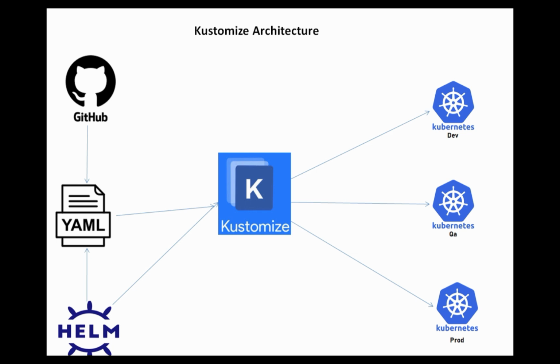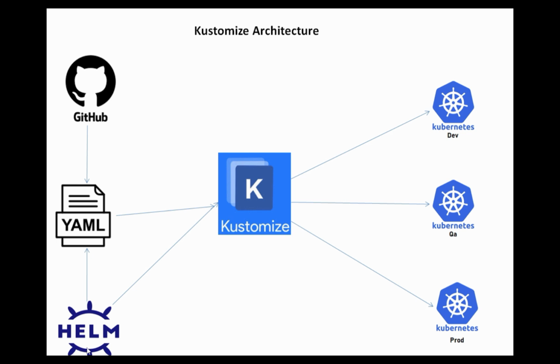These deployment definitions are in the form of YAML, and your source of truth is not just GitHub. You can even reference the Helm charts, the remote Helm charts, whatever it is, put it in a particular GitHub repository or some other publicly maintained repositories.